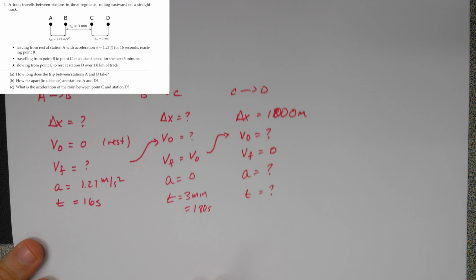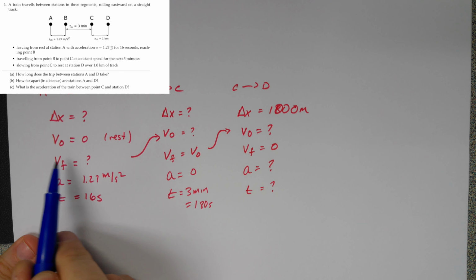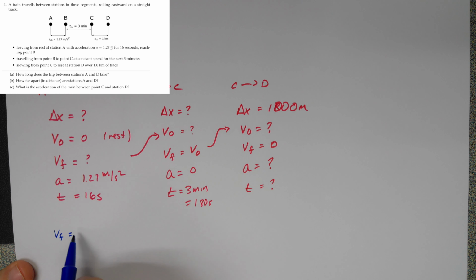So V final is probably the easier one, right? We're trying to relate a velocity to the initial velocity, acceleration, and time. That is, V final is V initial plus a t. And then V initial is 0. And so this will be 1.27 meters per second squared times 16 seconds.